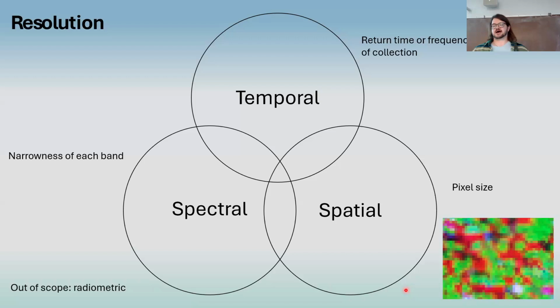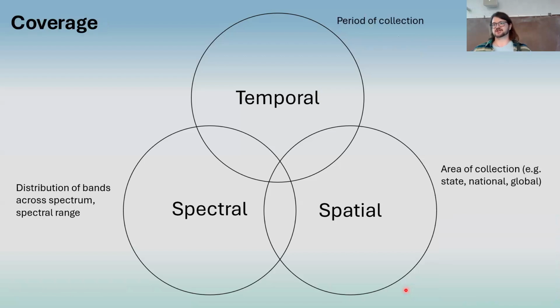Generally speaking, with most remote sensing products, it's at best pick two of these. You'll never really get all three, and there are also limitations with coverage. So there are a lot of trade-offs here, and depending on the type of analysis, that will dictate what product you might use.